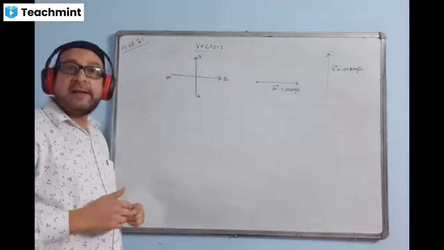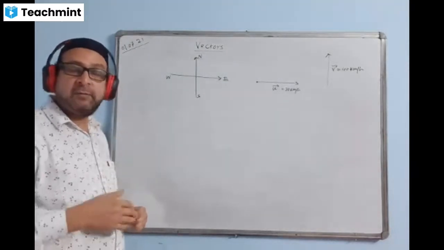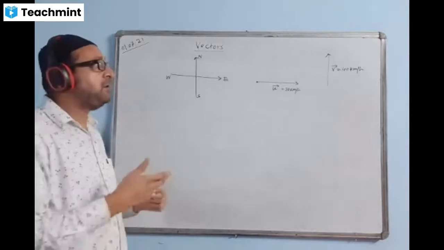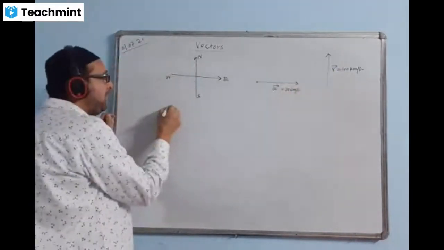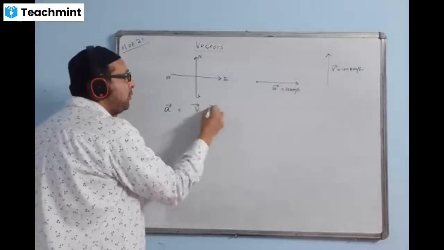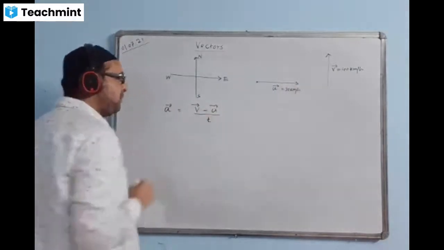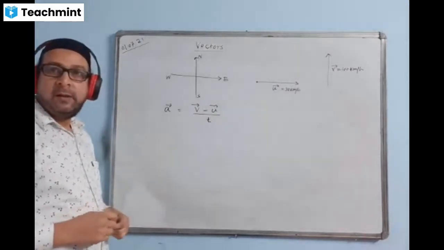We have to find acceleration, and acceleration is a vector. Remember, acceleration has direction, it is a vector quantity. So we have to do A equal to V minus U upon time, with vector V and U. Time is a scalar, so we will not put the arrow on it.